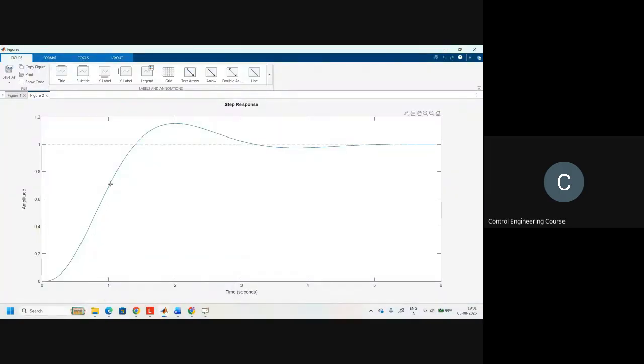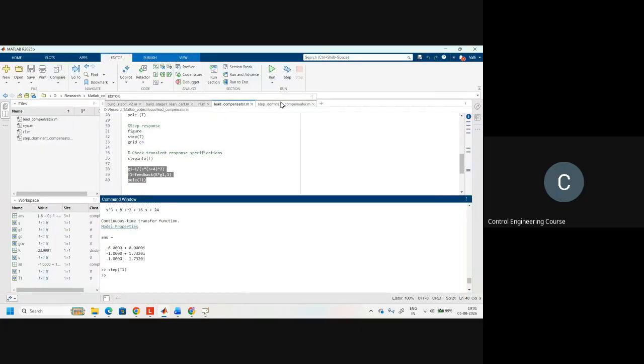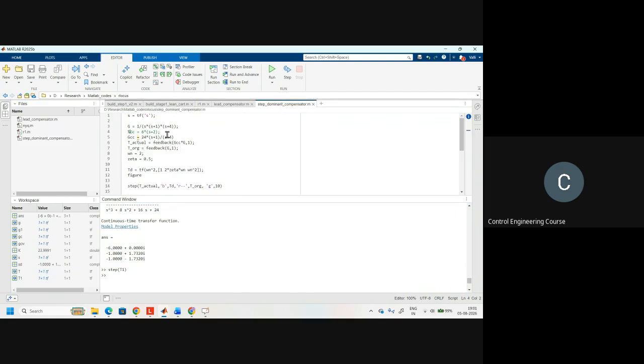So this is the step response of the overall compensator. Now we will compare the step response of the open loop system, the desired compensator step response, and the dominant pole system step response. All three we see here. The first one, G, is the open loop system.